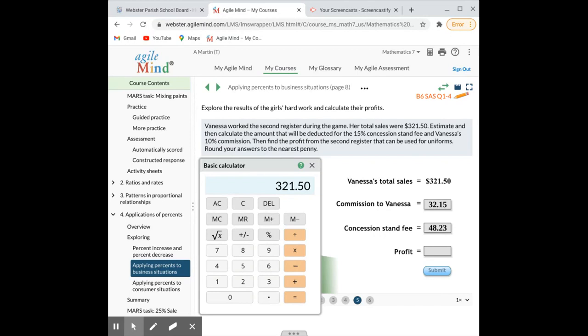All right, so tell me what to do, Rachel. You would take 80.38 from 321.50. All right. So, class, when she's saying take it away, what operation are we doing? Subtraction. Correct. Subtract.